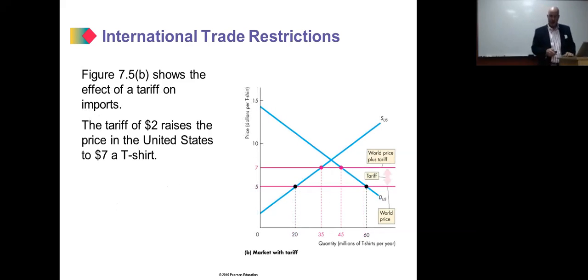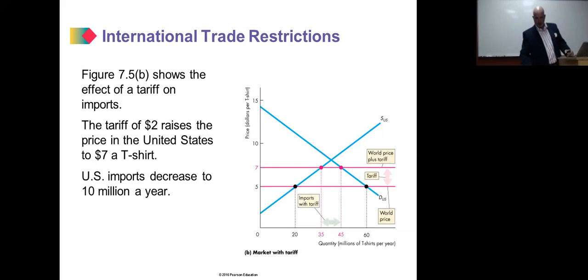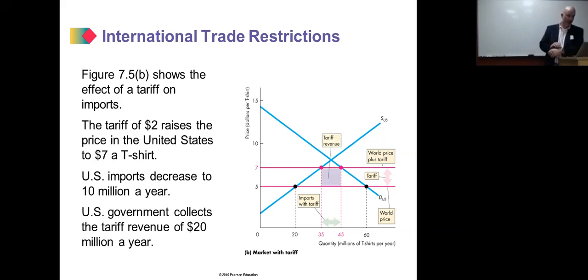Now, let's assume that the United States is on the receiving end of a tariff that is going to raise the price in the United States. So now our shirts are going to rise by that $2 tariff. So when a $2 tariff is introduced, the price rises to $7. U.S. production increases. U.S. purchases decrease.